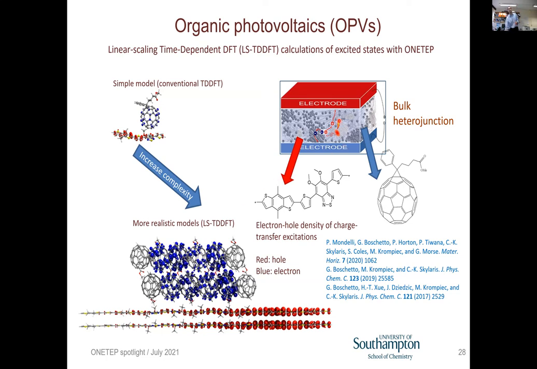The active material is called a bulk heterojunction. There is a polymer which absorbs the photon, and then the exciton is split and the electron jumps into this fullerene material phase. So we are able to model these using large-scale calculations with ONETEP.